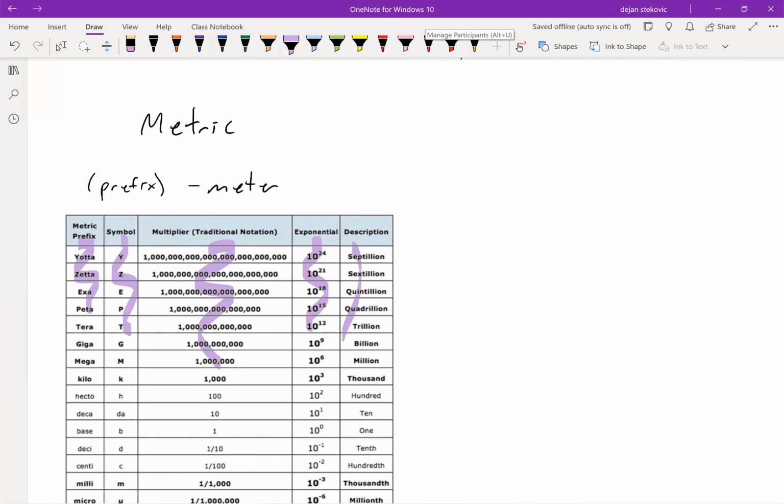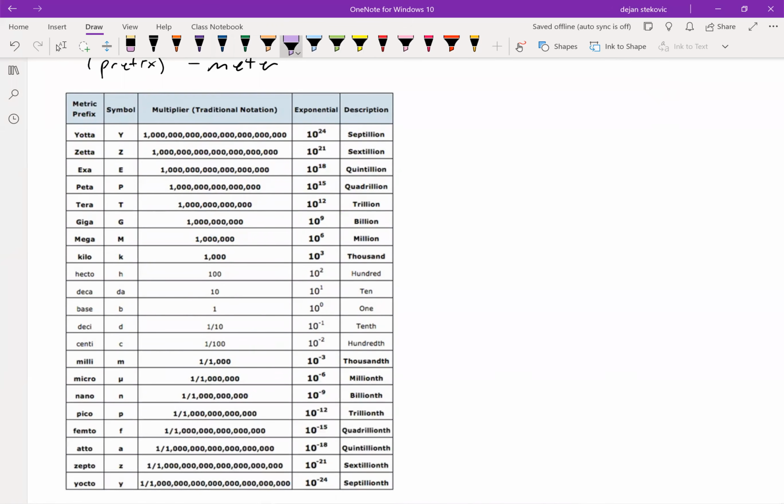We're only going to know a couple of them. So I want you to know that kilo means 1,000. I want you to obviously know the base, which is just your meter, gram, that kind of thing. I want you to know that centi is 1/100th and that milli is 1/1000th, right?